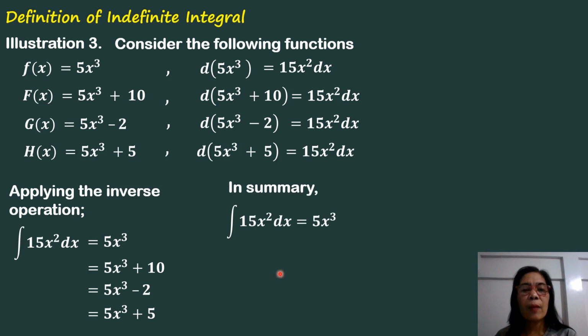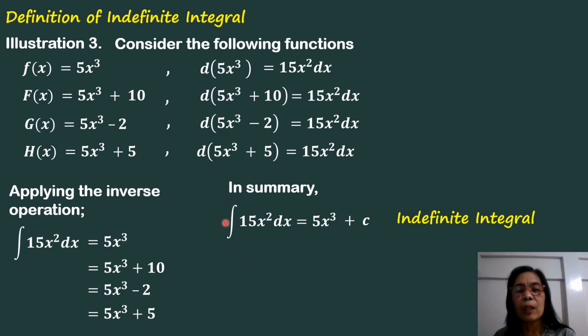So that is why when we integrate 15x squared times differential of x, it will now be equal to 5x cubed plus c, where c in here represents any constant added to the function 5x cubed. We call this an arbitrary constant. That is why we call this an indefinite integral.